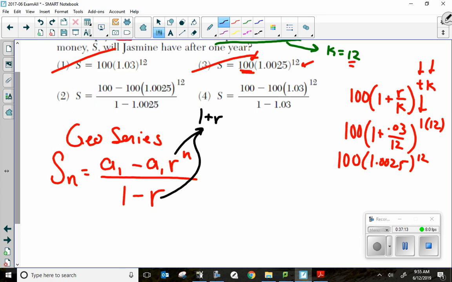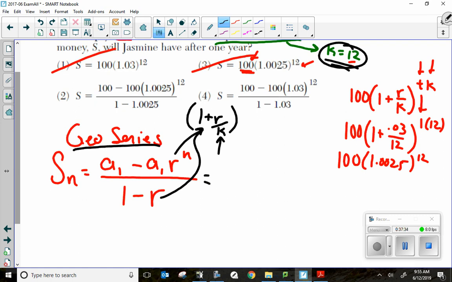The reason I say they never ask us this is that see how it's compounded monthly? This is 1 plus our rate over K, which drives me crazy. They never throw in something that's compounded more than once into a geometric series, but they did it here.